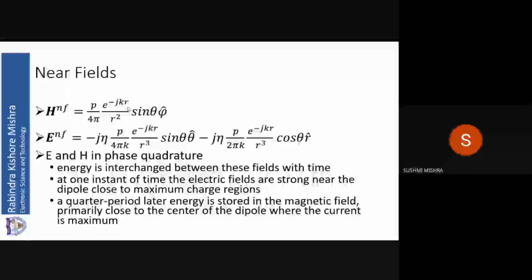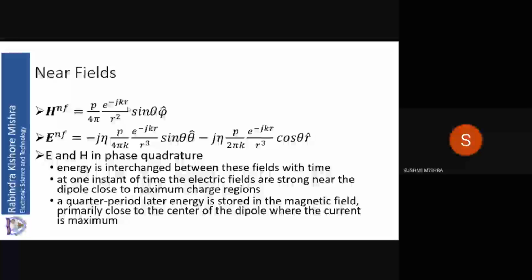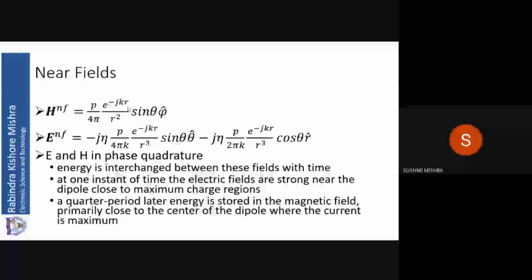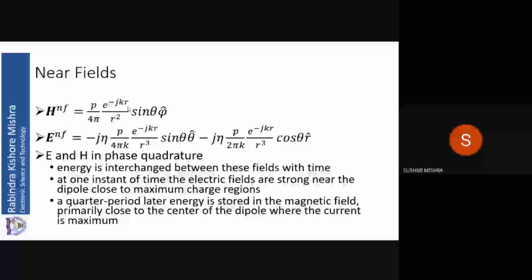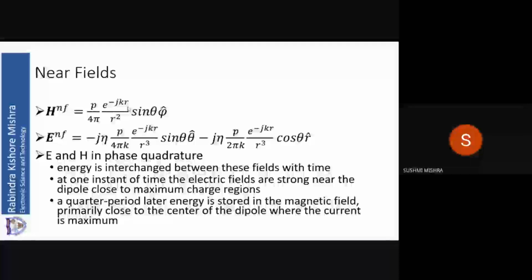So the electric fields will decrease, the peak will go down. The energy is stored in the magnetic field, primarily close to the center of the dipole where the current is the maximum. Remember this, current is maximum at the center. Current has to be zero at the two ends because they are open circuited. So voltage will be maximum or E will be maximum at the two ends. So this is what happens.